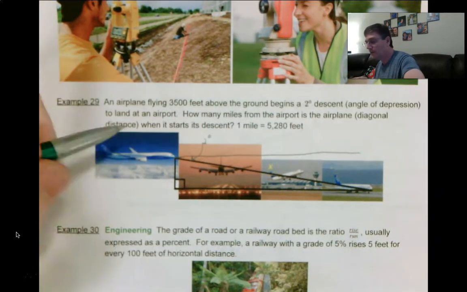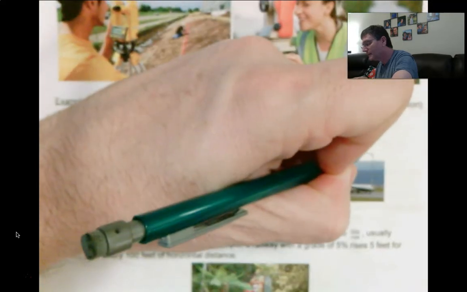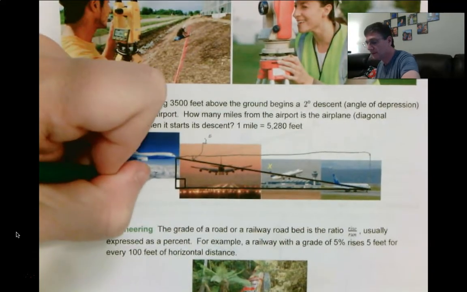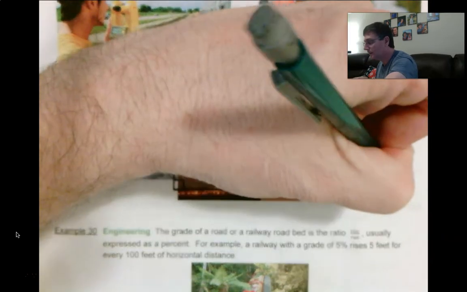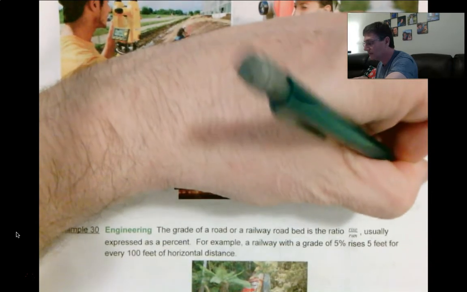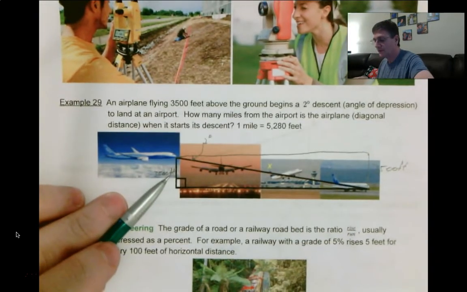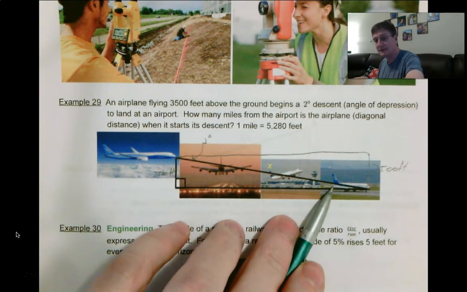The plane is 3,500 feet above the ground. So we can put the 3,500 here and here, and we can put the 2 degrees here, or even here, as alternate interior angles.